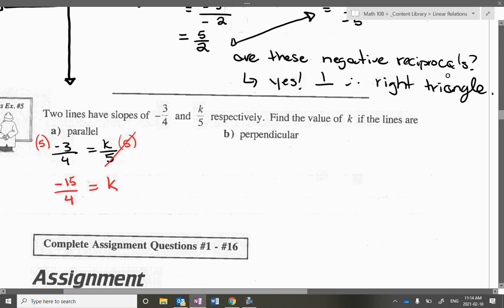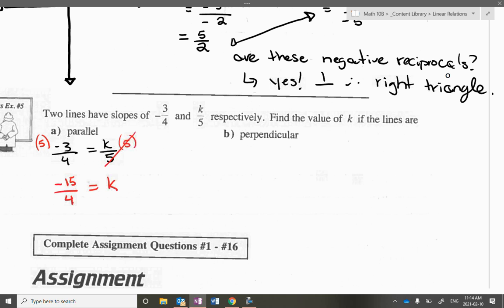All you're doing is multiplying both sides by 5. What's scary here is your answer is a fraction. That's okay, right? We're talking about a coordinate, we're talking about a slope, we can totally have a decimal there, but it's something you haven't seen before, which makes us uncomfortable, it makes you second guess.